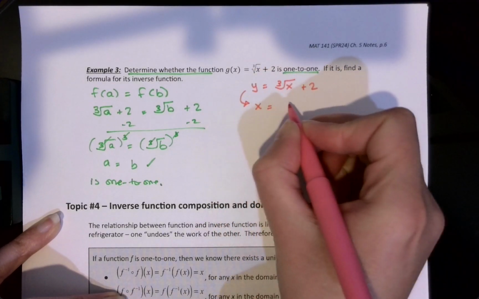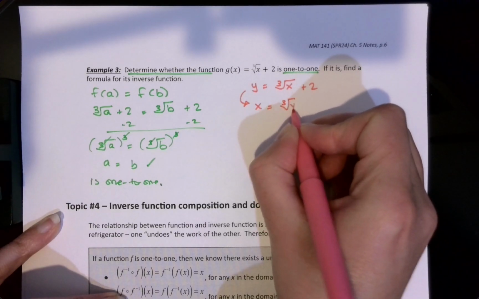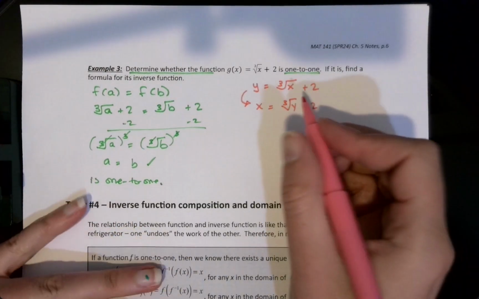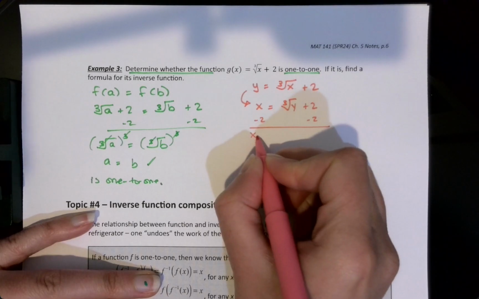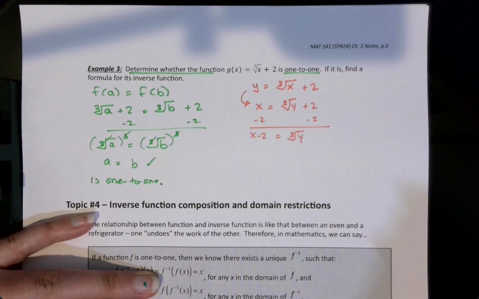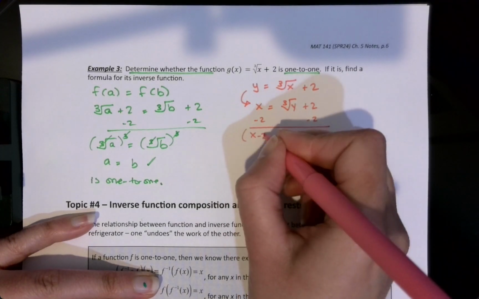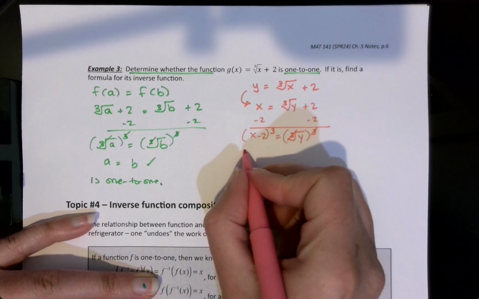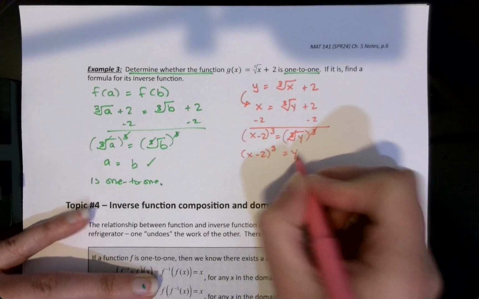So x is equal to the cube root of y plus 2. And now we're going to solve for y. Subtracting our 2, this will give us x minus 2 equals the cube root of y. Raising both sides to the power 3, we'll get rid of our cube root, and will give us x minus 2 to the 3rd power equals y.